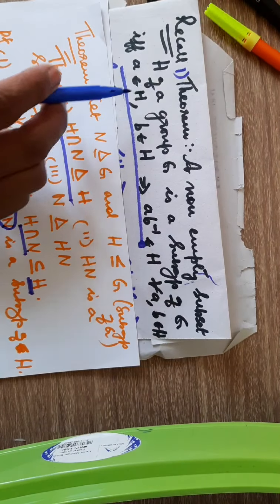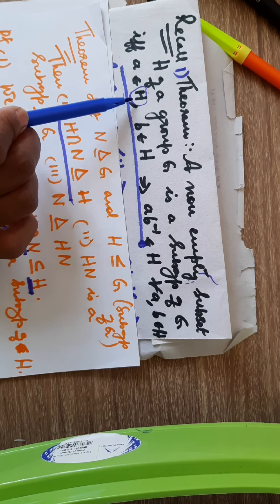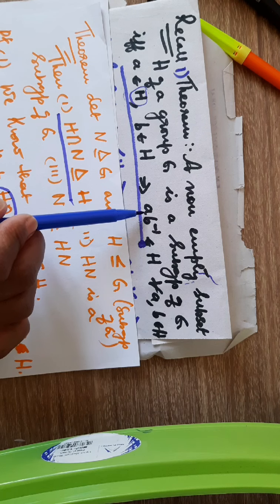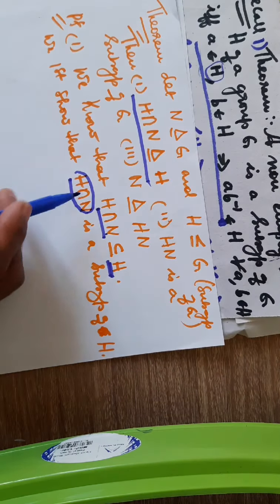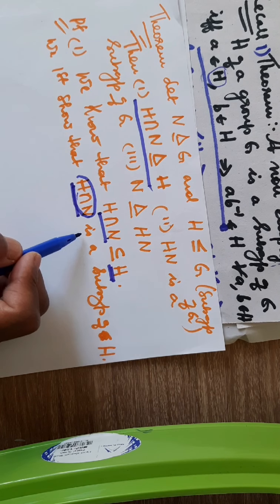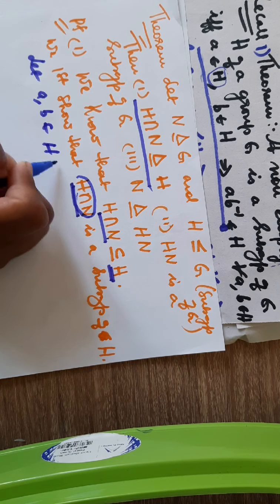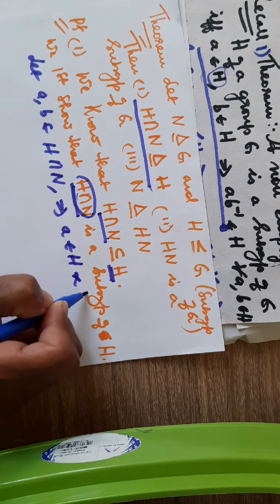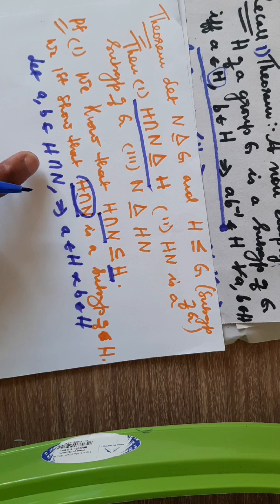So let us apply this result. In order to show that this set is a subgroup, I need to take any two elements of this set, a, b belong to H. Then if I can show ab inverse belongs to H, then I can conclude that H is a subgroup of G. Here instead of H, it is H intersection N. So let a, b belong to H intersection N. This will imply that a belongs to H and b belongs to H by definition of subset.